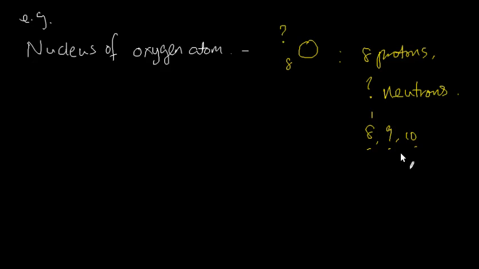So there are a few possibilities. So we are not sure. We wouldn't be sure if you just say nucleus of an oxygen atom. We won't know what these numbers are.